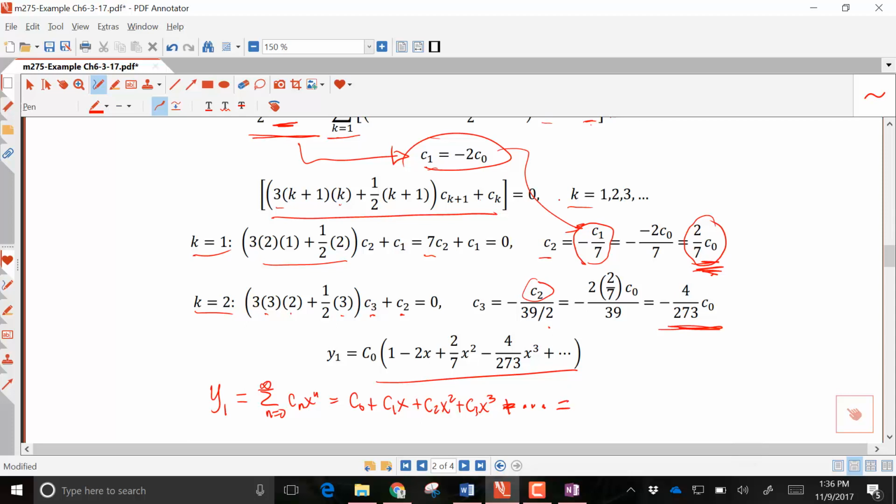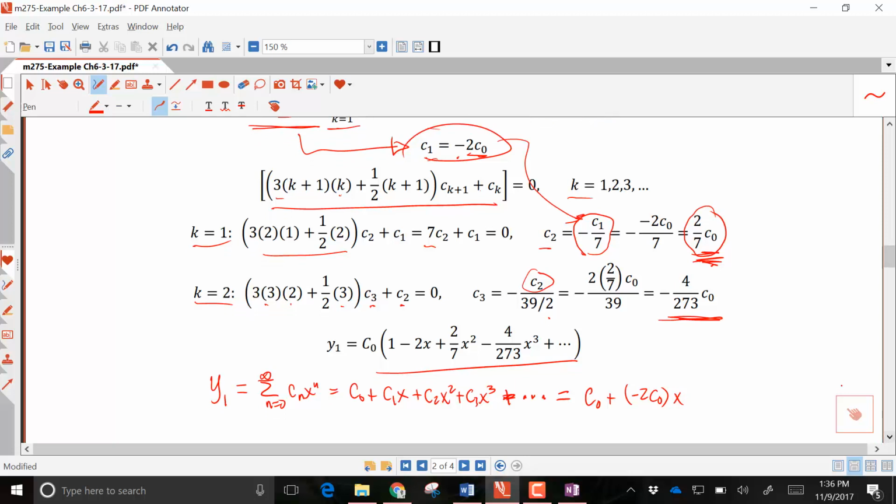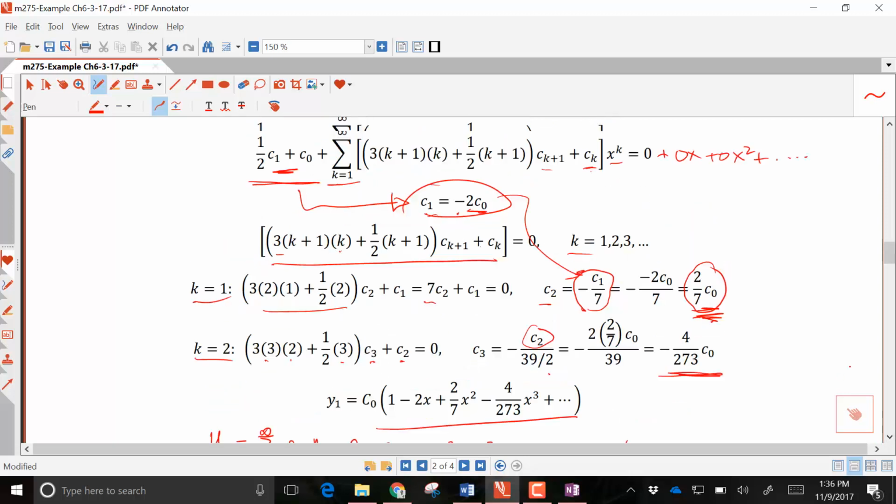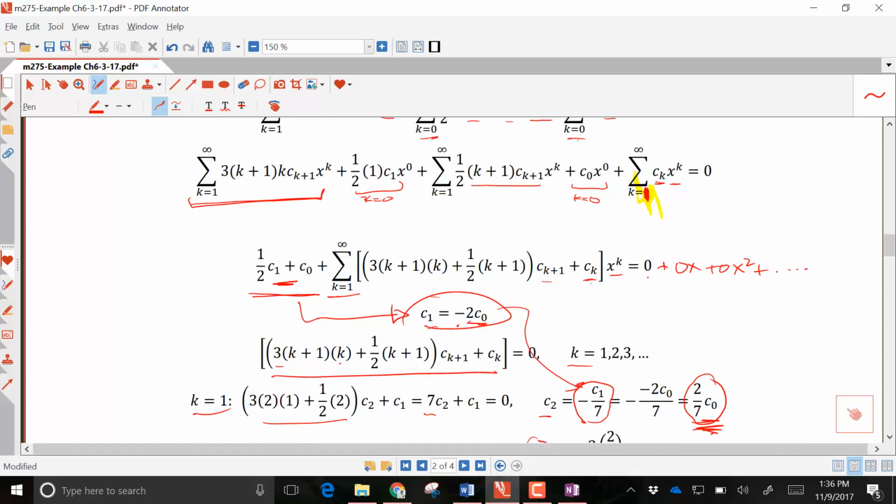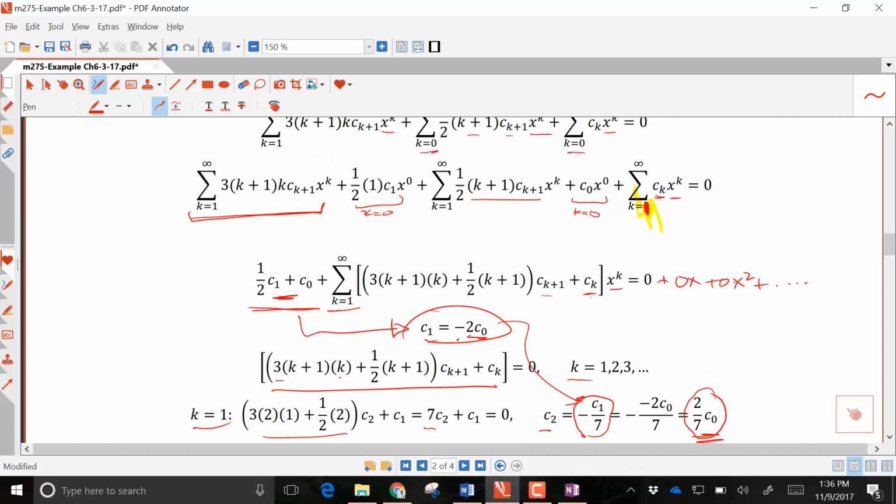So this is equal to c naught. We don't know what c naught is, it's the arbitrary constant. And then we have c1 is equal to minus 2 c naught. That's c1 times x. That came from when we split up the series.